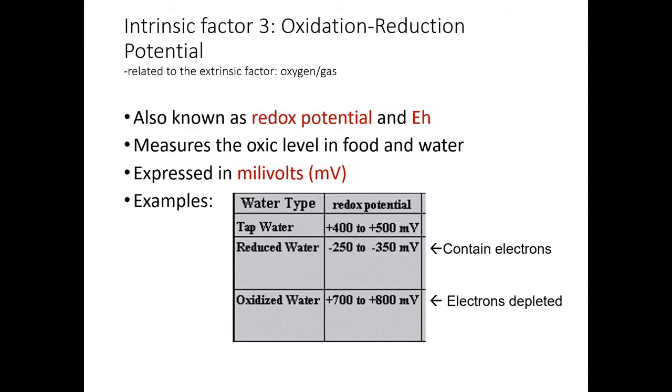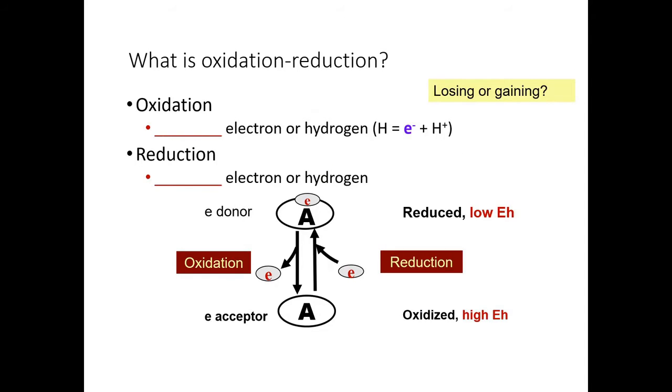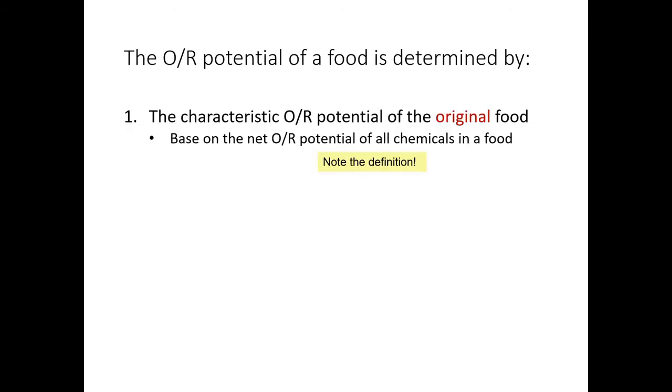So this is also known as the redox potential, or capital EH. So this is going to be expressed in millivolts. So this is based off of oxidation reduction. I'm not going to ask you any questions about this, but hopefully you remember from chemistry.